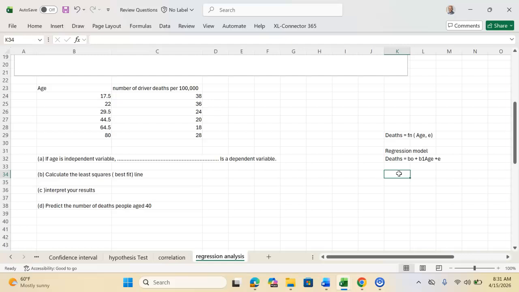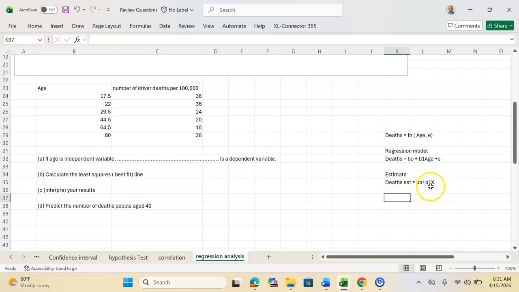We can also write the estimated model: death estimate equals b0 plus b1x, and in this case we don't include the error term. You should remember that.